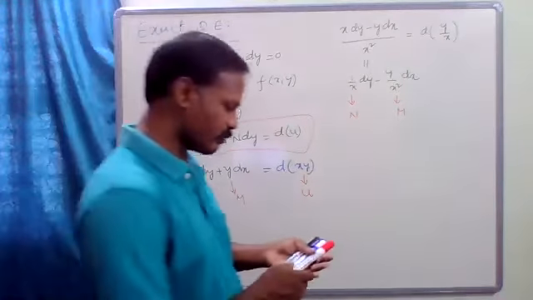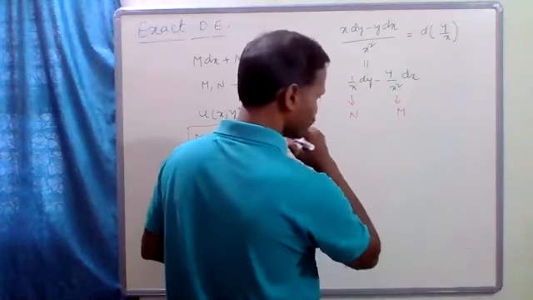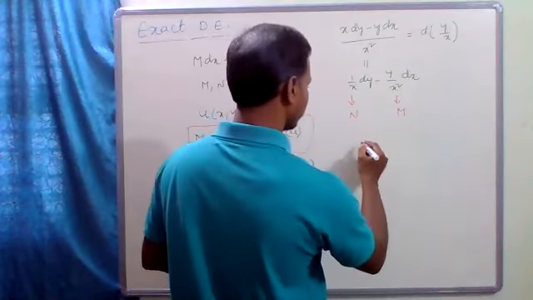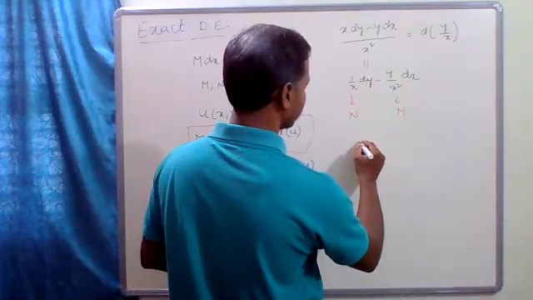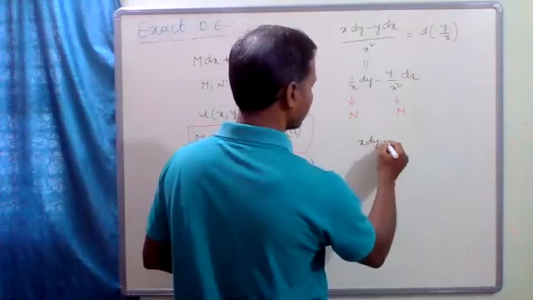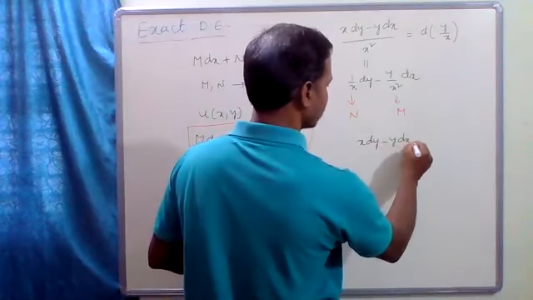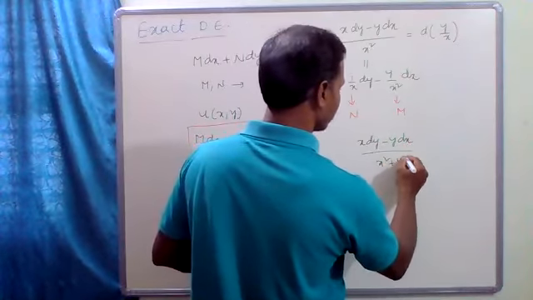If you want, I will write one more thing. Suppose x dy minus y dx by x square plus y square.